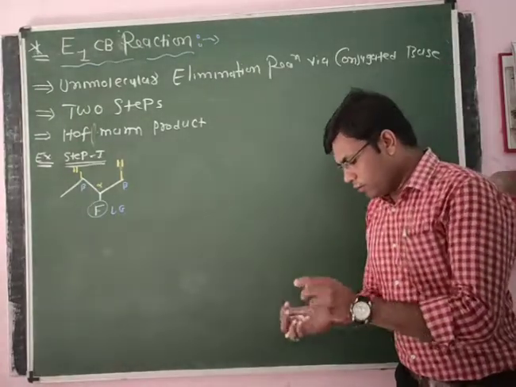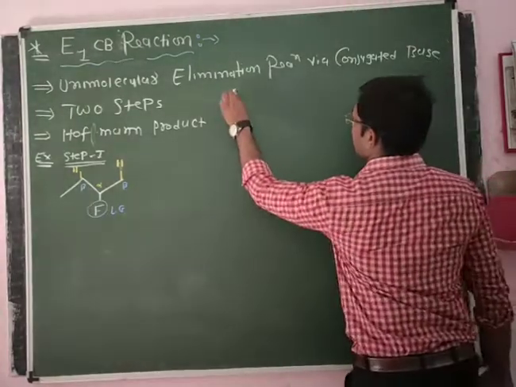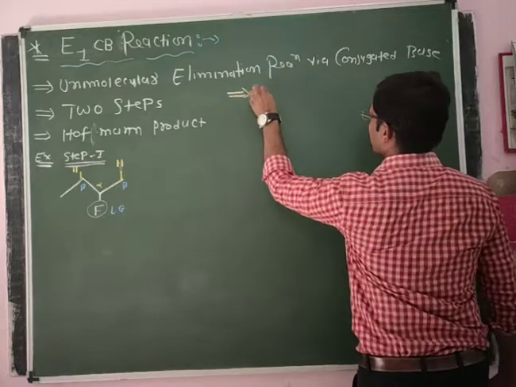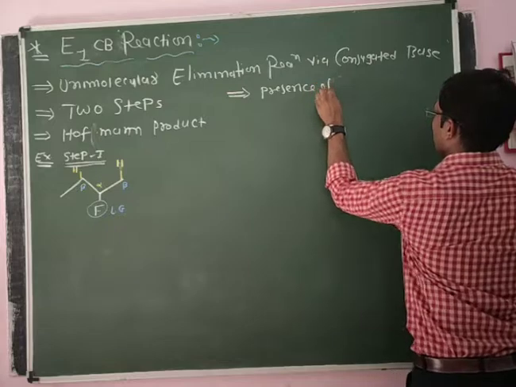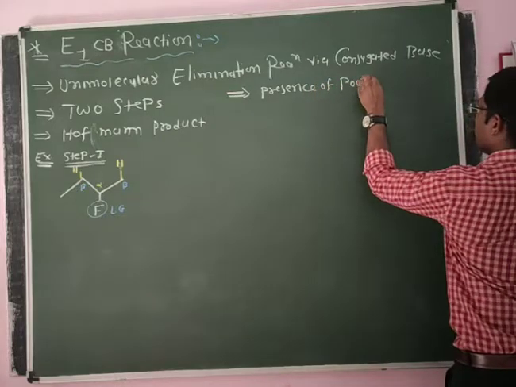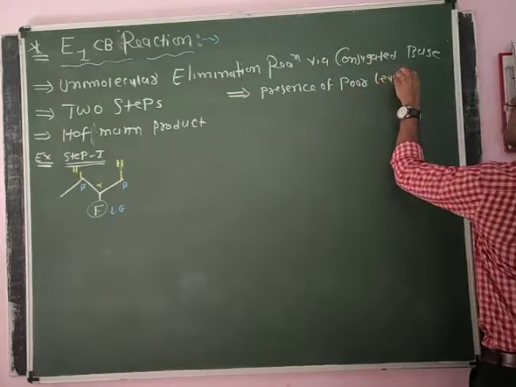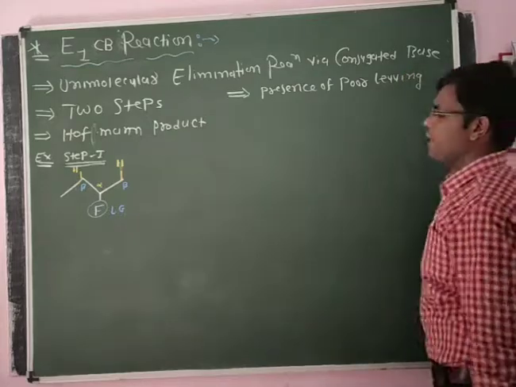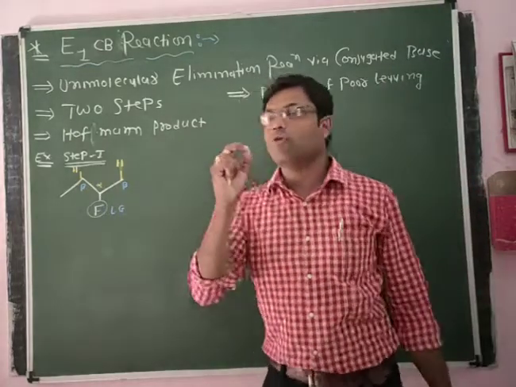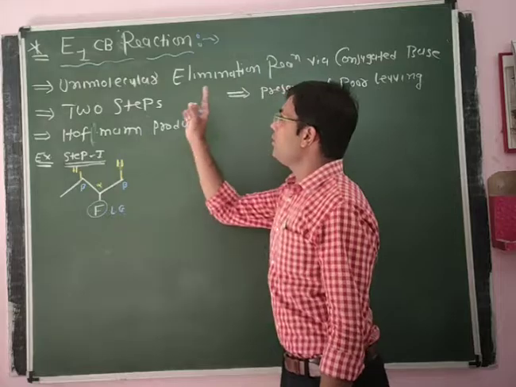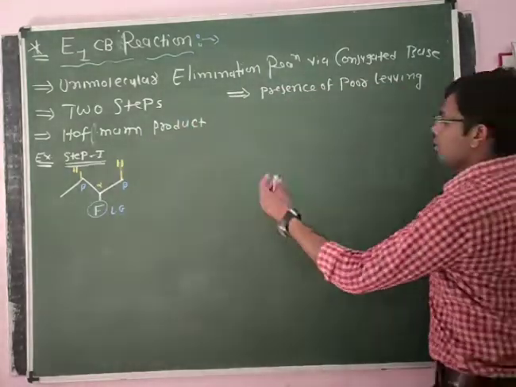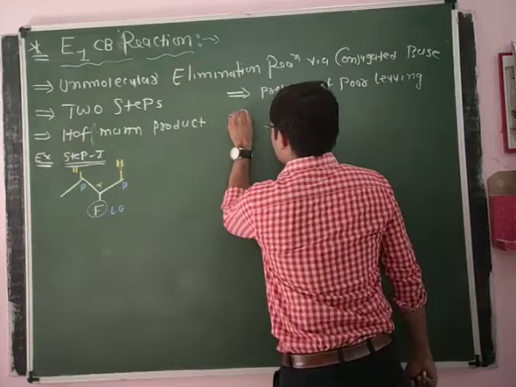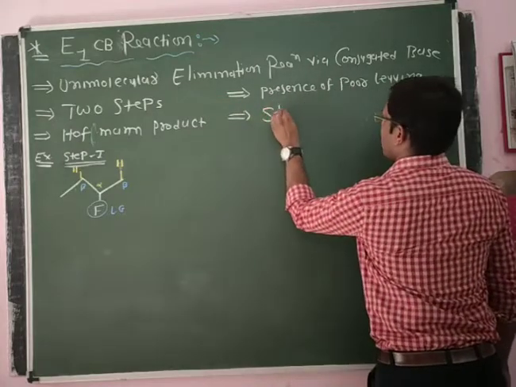This reaction always occurs in the presence of a poor leaving group. This is the condition of this reaction. If a poor leaving group is present, then E1-CB reaction occurs. And the second criterion is that this reaction occurs in the presence of a strong base.